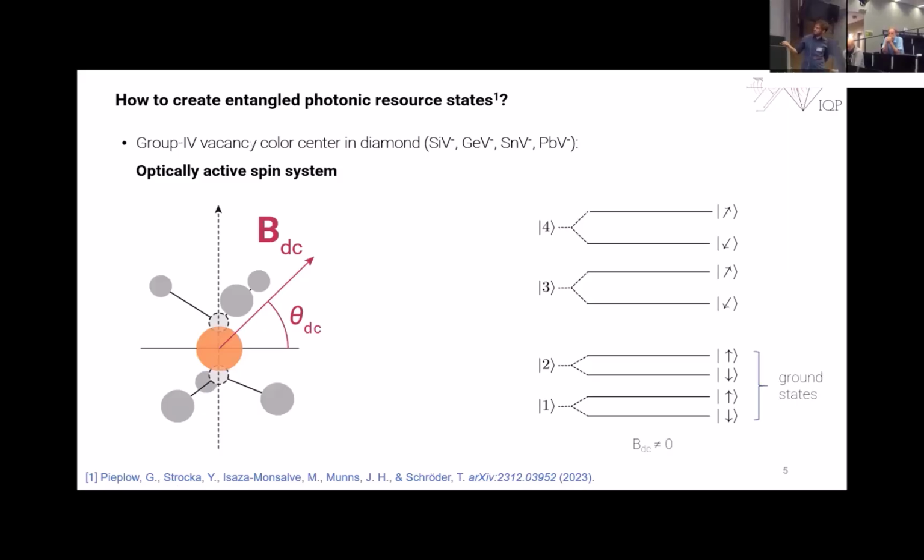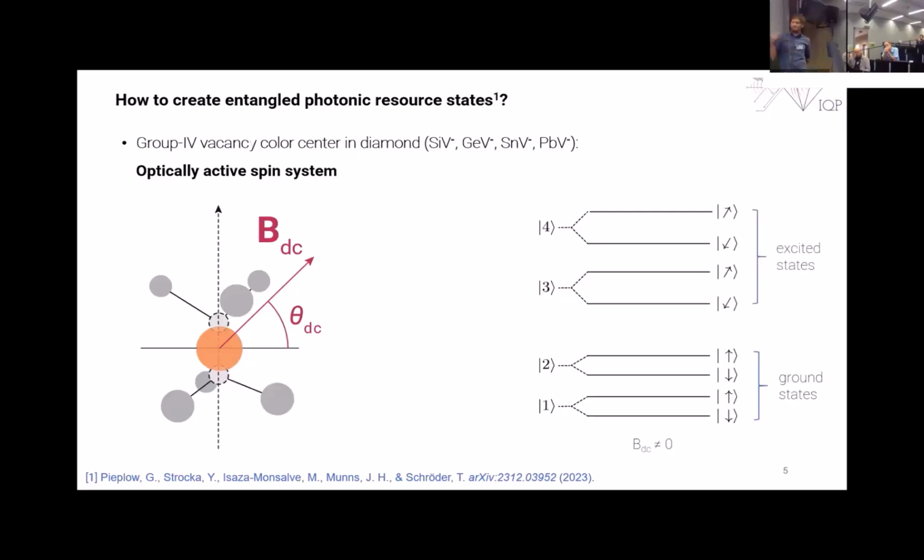So first of all, there are 4 states in the ground state manifold. The initial degeneracy is lifted by the presence of a magnetic field. This magnetic field is needed to give you access to a spin qubit, which is the 2 states in the lower lying orbital branch here. So just the 2 lowest lying ground states.